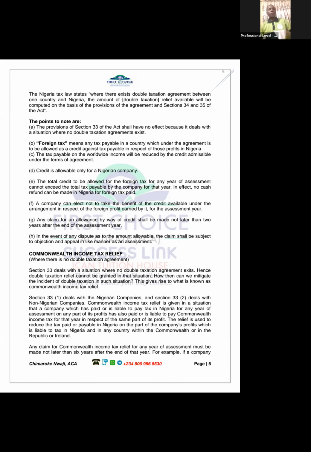And they say if the Ghana's tax rate, or South Africa's tax rate rather, is either lower or equal to Nigerian tax rates. Let's say Nigeria is 30%, South Africa is 25%, or maybe South Africa is 26%. What are they going to do? They are going to use half of South Africa's rate.